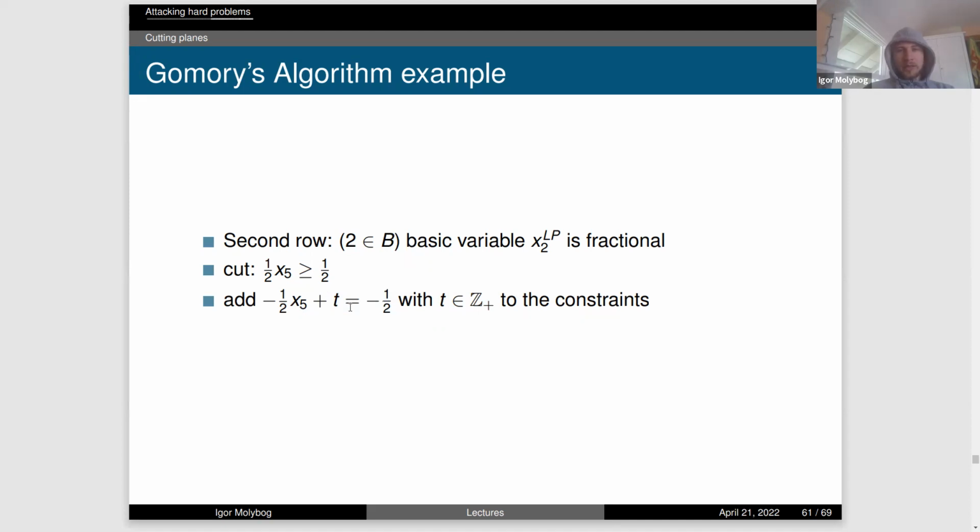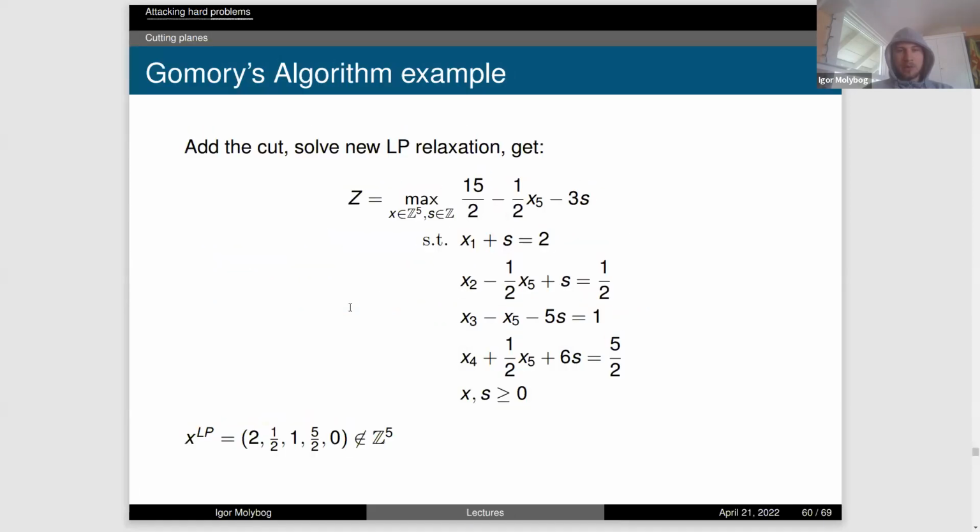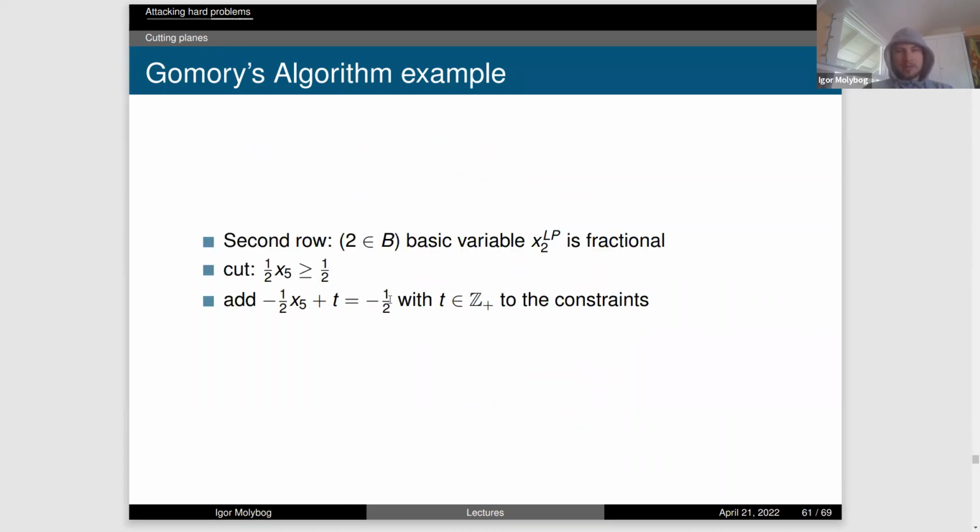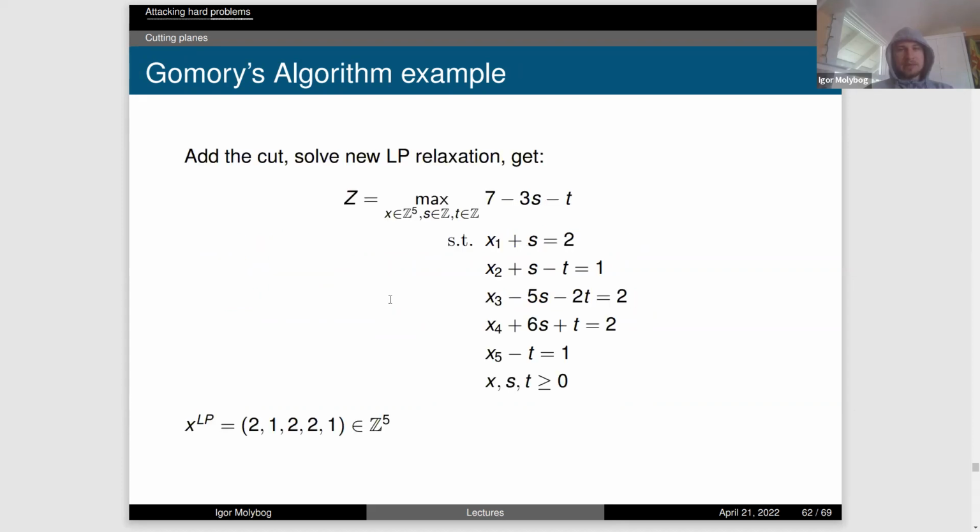Why do we care about what exactly are the constraints that we're adding? Well, since our problem here is in standard form, it has only equality constraints and non-negative constraints. We would like to keep it like that, just so it's easier to reason about what is basic and what is not basic. It doesn't really matter, but it's normally more useful to do that. So after we have resolved the LP relaxation for the third time, we end up with an equivalent reformulation of our original problem.